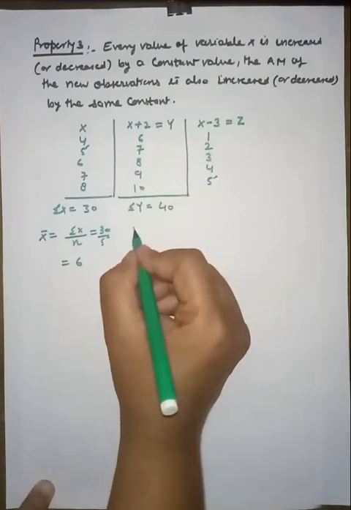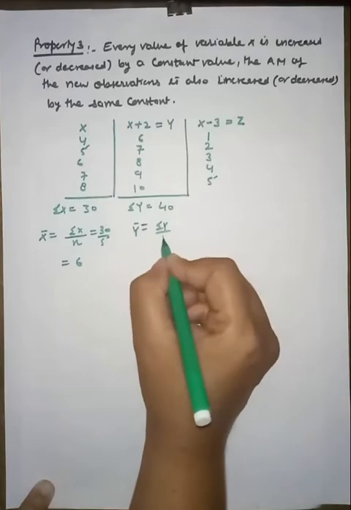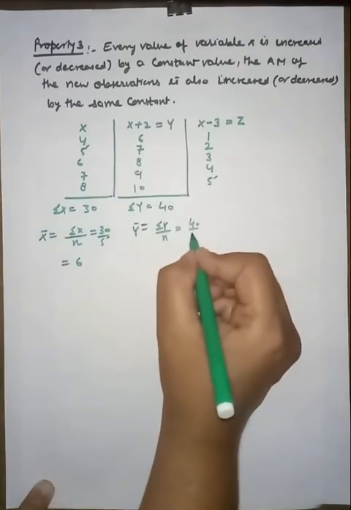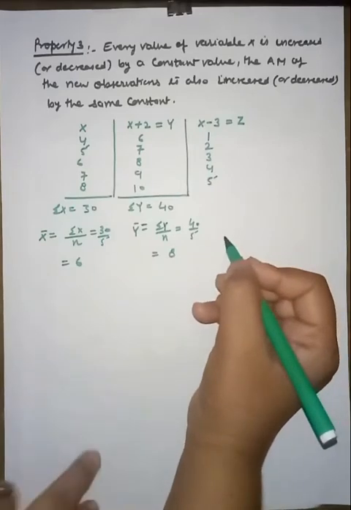Now find the y bar: summation of y upon n, 40 upon 5, it comes to 8, right?